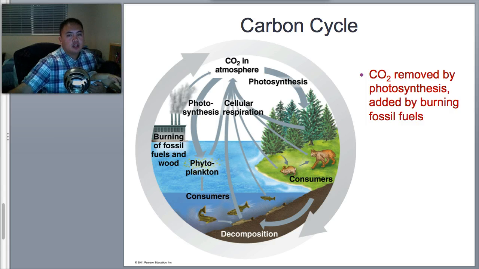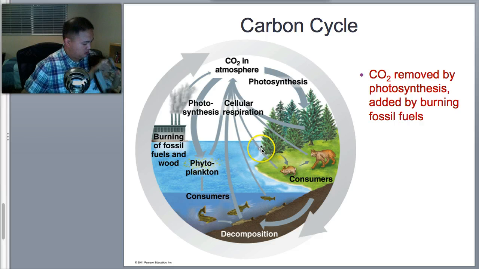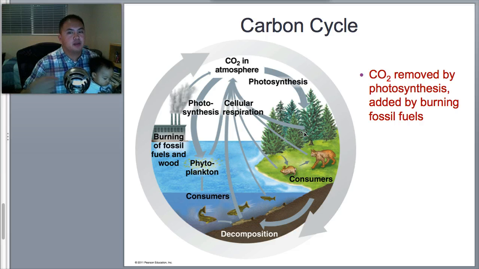Okay. Carbon cycle, one that some of you may not know as clearly, but I think it's very easy to visualize. Another way to think about it is to think about carbon dioxide. The normal carbon cycle, like what the carbon cycle should be, is we breathe out carbon dioxide, and plants and other photosynthetic organisms take in our carbon dioxide and breathe out oxygen, and we breathe in oxygen and breathe out carbon dioxide.